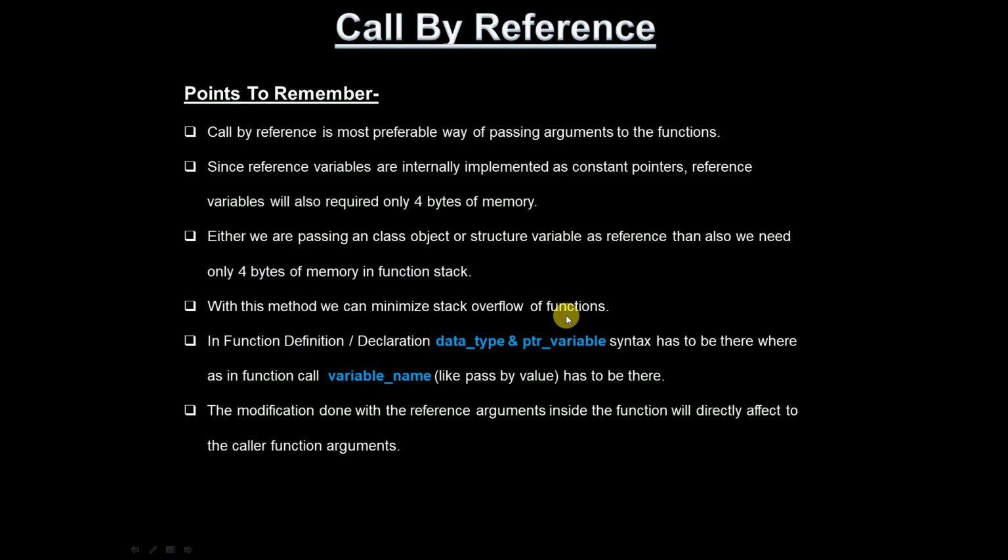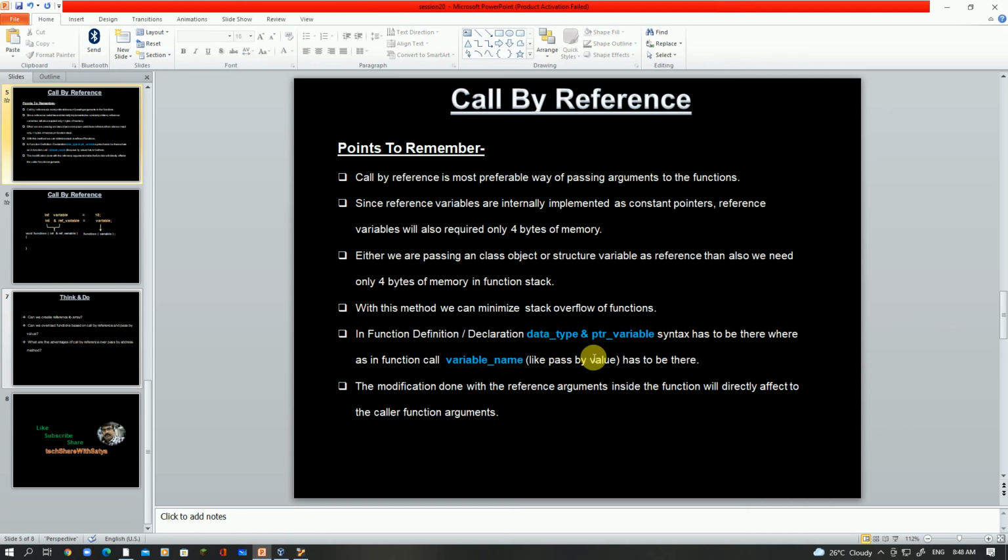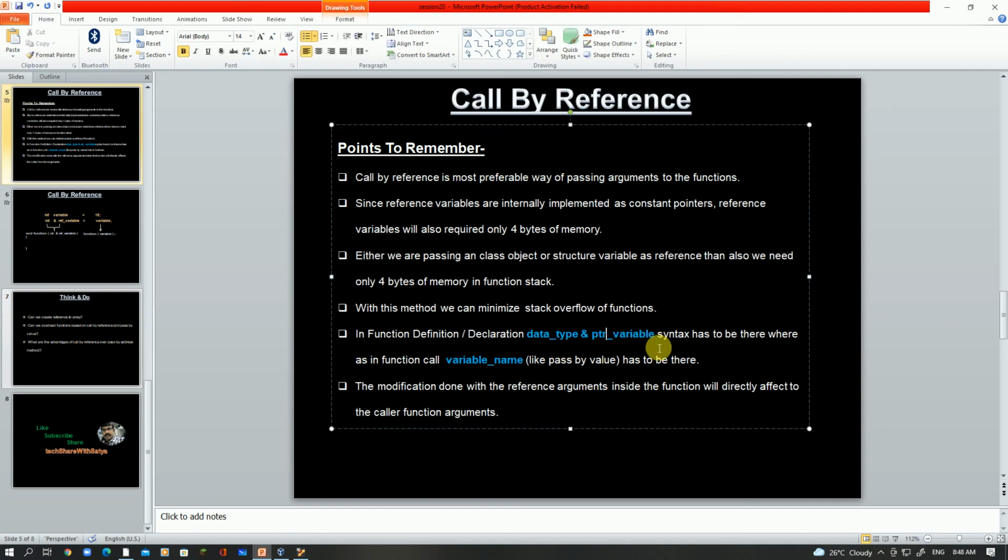In function declaration or definition, you have to provide the syntax data type, reference variable. Say I kept it as ptr variable, so here it will be a reference variable. That doesn't matter, the name.